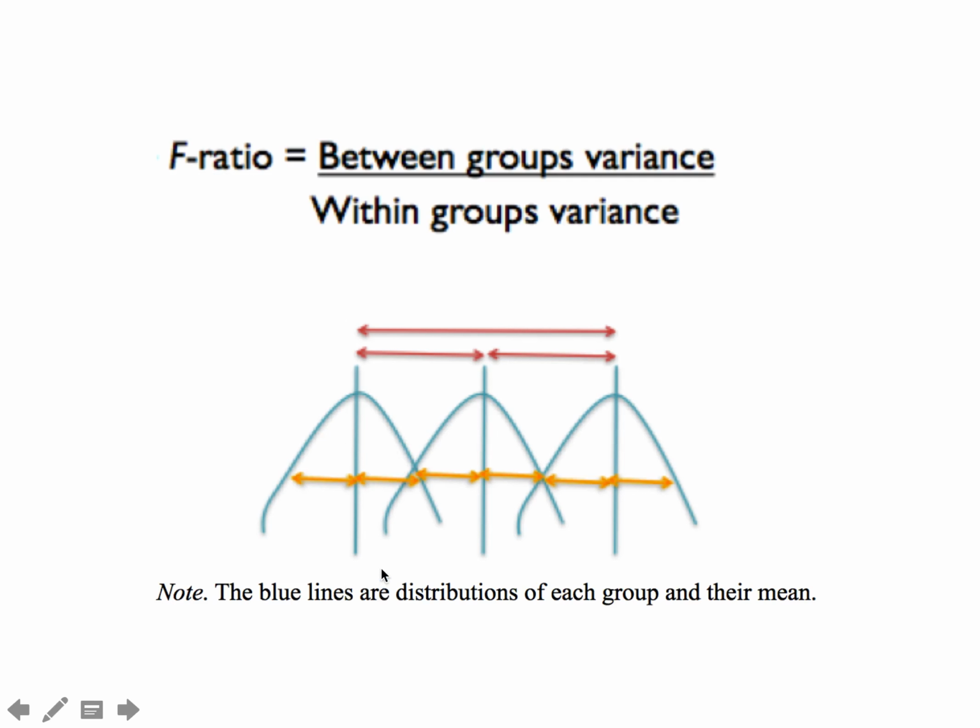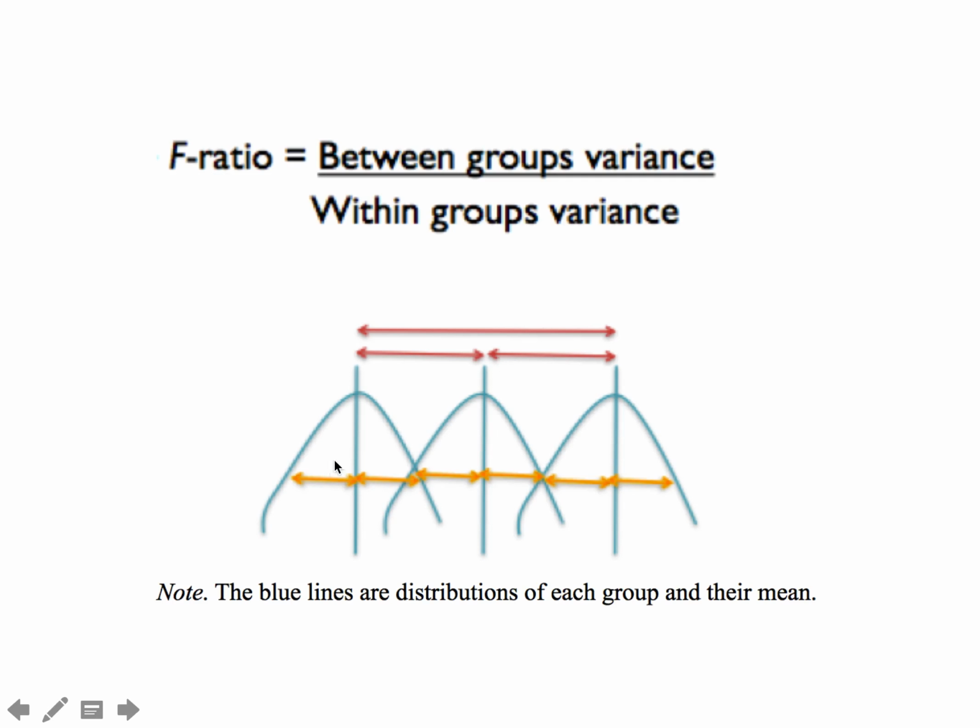What I mean by between groups variance are the red lines. So it's a measure of how far apart my means are. So we kind of find the middle, or the grand mean, and subtract each mean from the middle to see how different they are. So this is like creating a measure of how far apart the means are, because that's what we want. We want those means to be far apart.